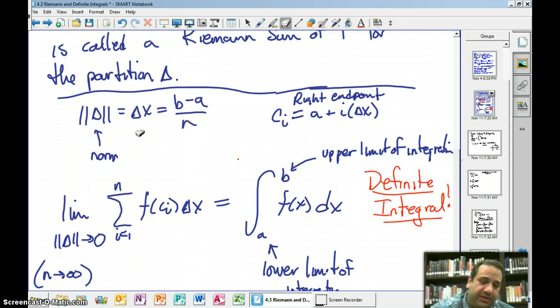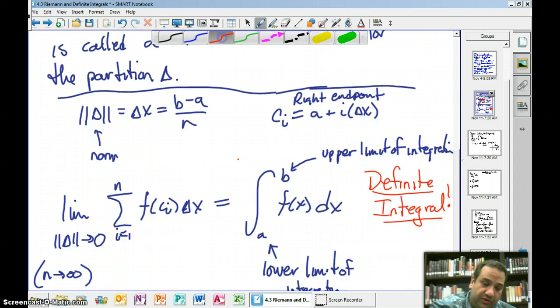You don't really need to know this, but we're taking the limit as delta x goes to 0. So the width of the rectangle gets closer and closer to 0, and we get the exact area underneath the curve, not the approximation where we use left endpoint, right endpoint. And this is called the definite integral.